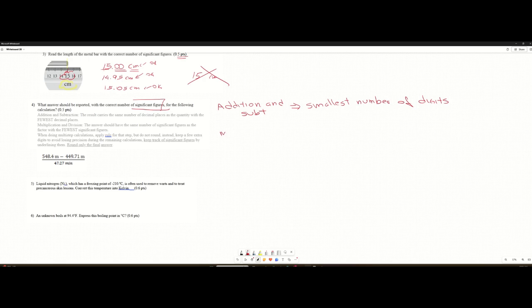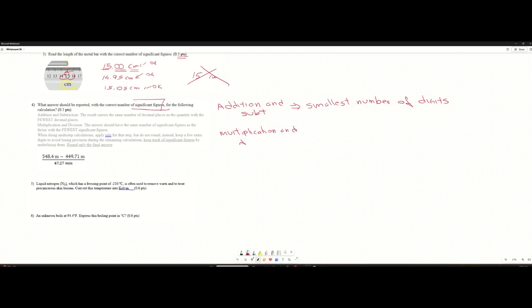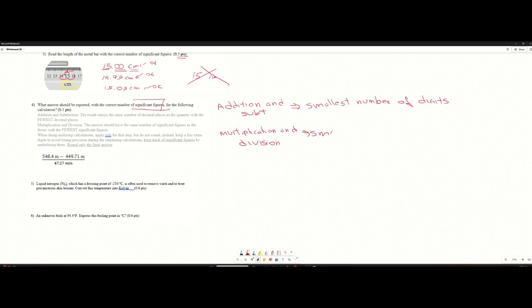And if you have multiplication and division, you must look to the smallest number of significant figures.